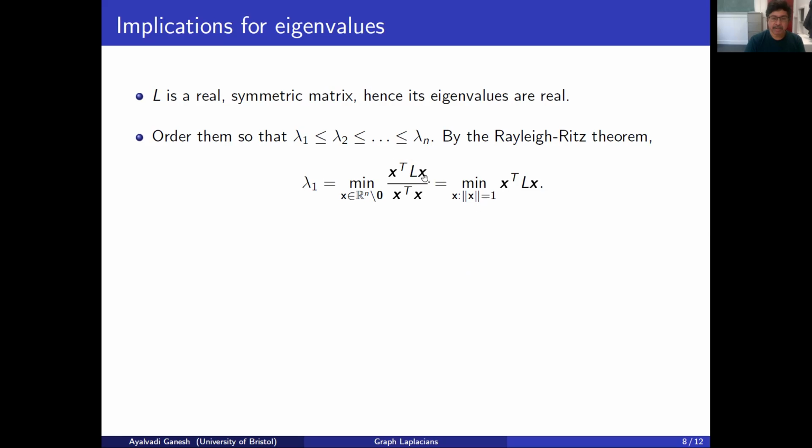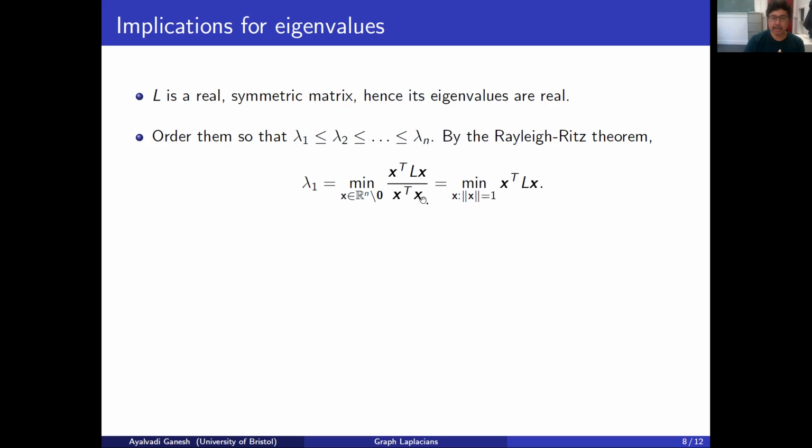If I take some scalar multiple of this vector, c times this vector, and calculate this, then the numerator gets multiplied by c squared. Similarly, if I multiply by c here, the denominator also gets multiplied by c squared, so they cancel. So this ratio is the same for a vector as for any multiple of that vector, right? So the ratio stays constant along a ray.